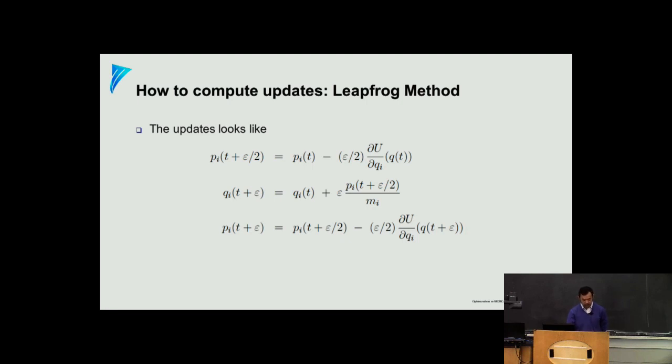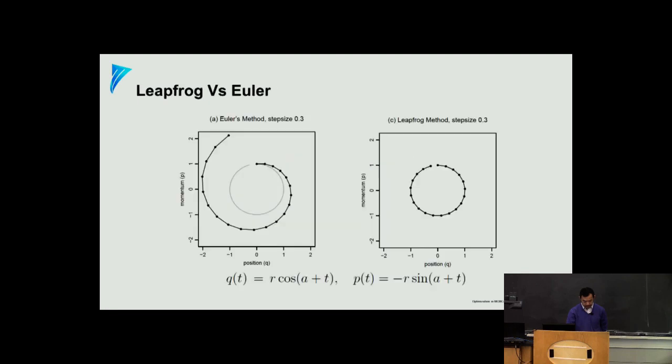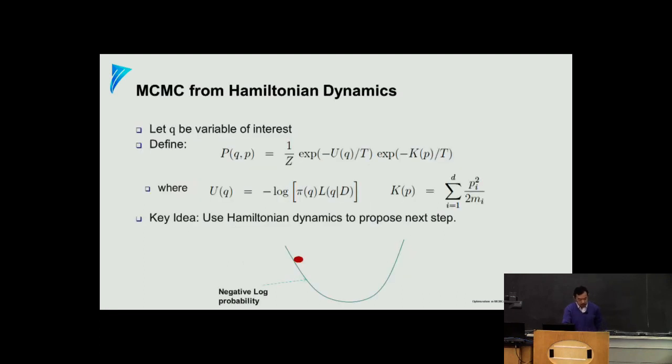Leapfrog is preferred because it alternates between the P and the Q to calculate the updates in a more fine-grained, very controlled fashion, so that you can avoid behaviors like overshooting or undershooting and so forth. And that's actually evidence of how the sample converges to the true trajectory versus a divergent kind of path using the two computing methods. Okay, so with that, let's return to MCMC.